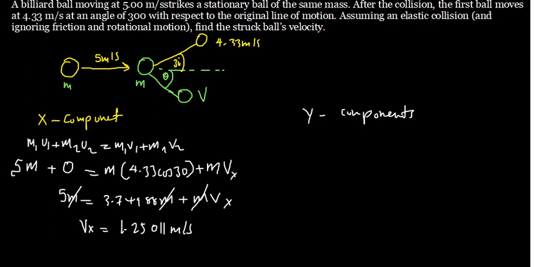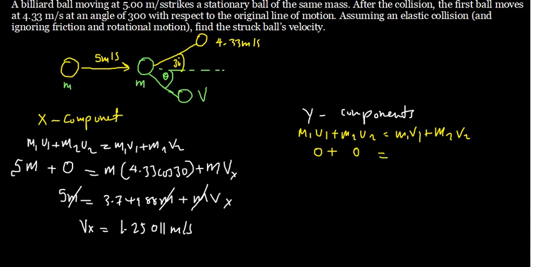So in the y also, conservation of momentum, m1 u1 plus m2 u2 is going to be equal to m1 v1 plus m2 v2. Now this thing wasn't moving in the y, meaning that the momentum in the y is 0. The other one was also at rest, it was 0.